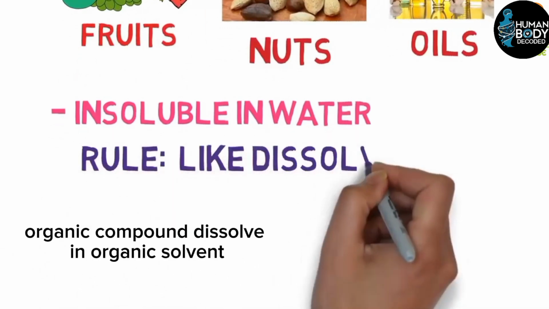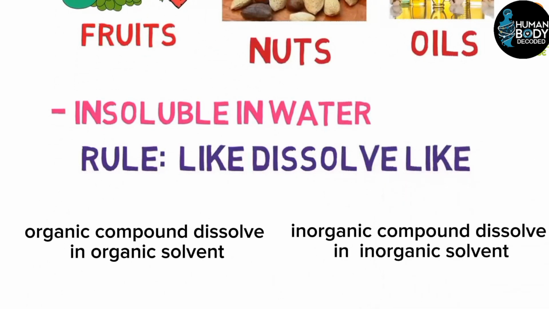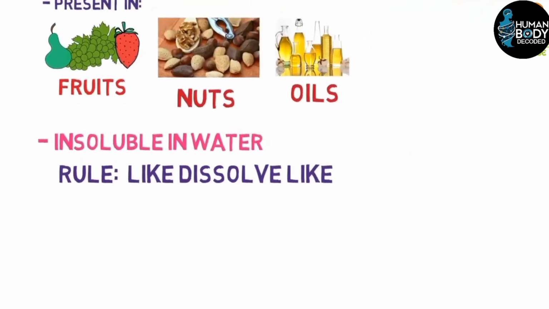This means that organic compounds dissolve in organic solvents, while inorganic compounds dissolve in inorganic solvents. Since lipids are organic compounds and water is inorganic, lipids will not dissolve in water. This is because, as we say, like dissolves like, not unlike.